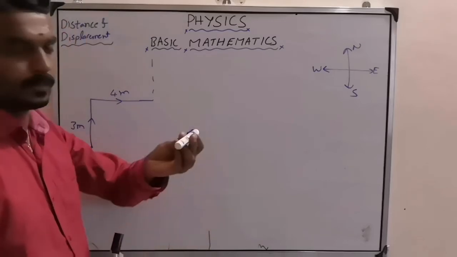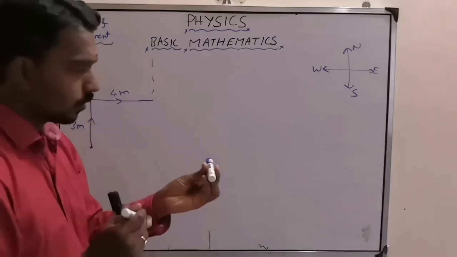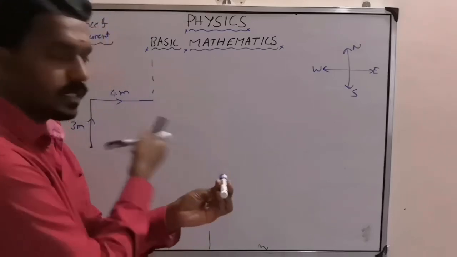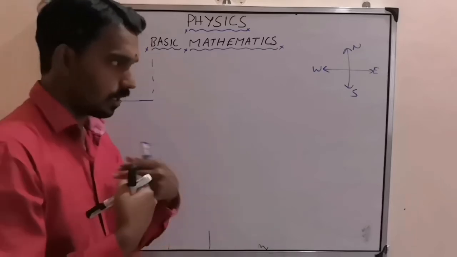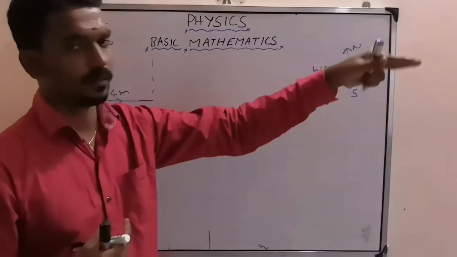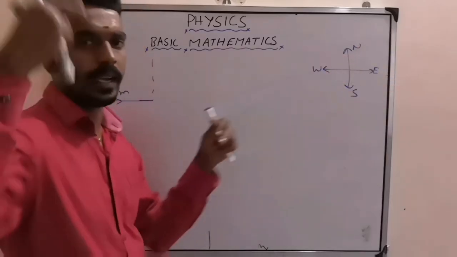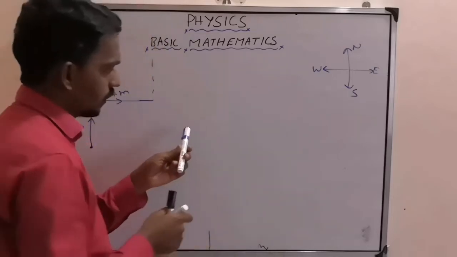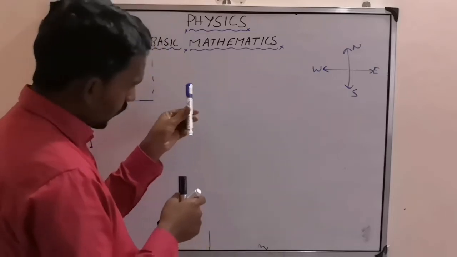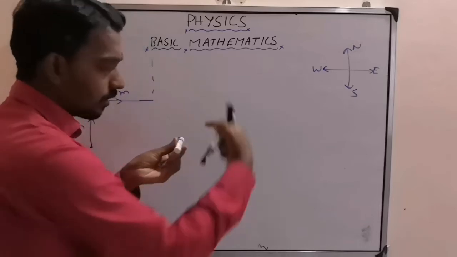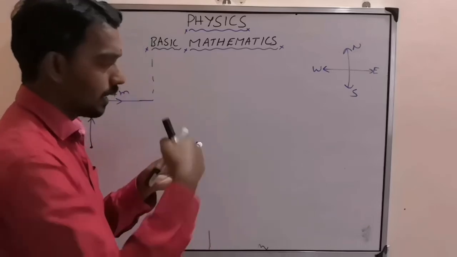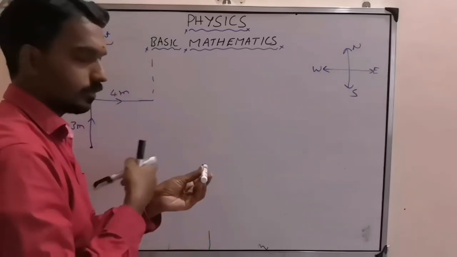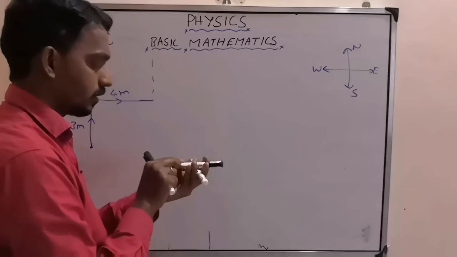For you, in front of you is always north. If you stand here, this is north. Always take it this way. And the right side is east. So this is how I am taking north, south, east, west.